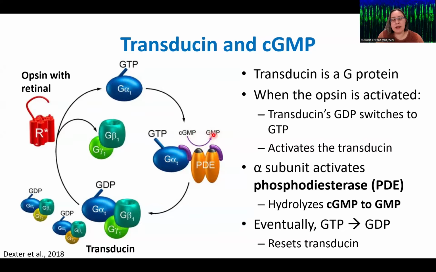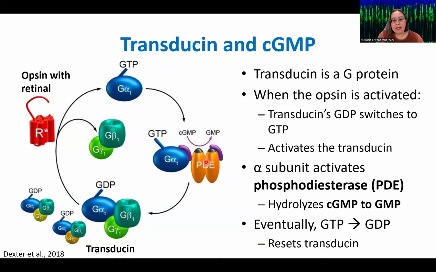So it unmakes it cyclic. And what in effect does that do? It lowers the numbers of cyclic GMP by turning it into regular GMP. So when this is activated, it activates the PDE, which destroys cyclic GMP.